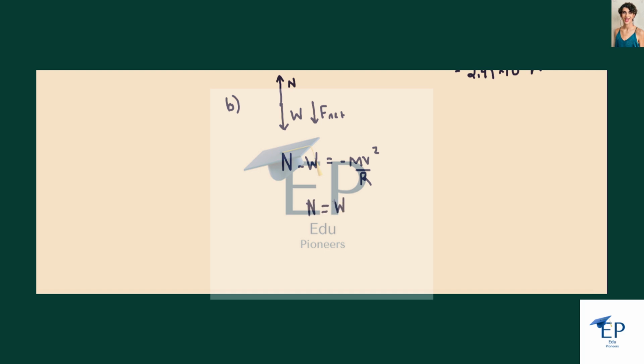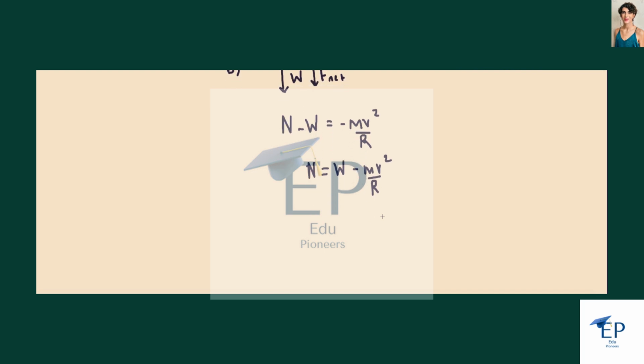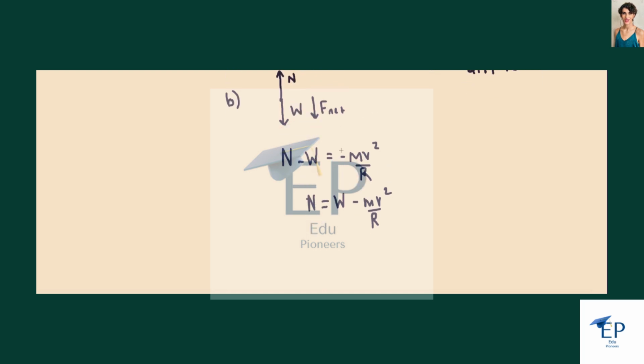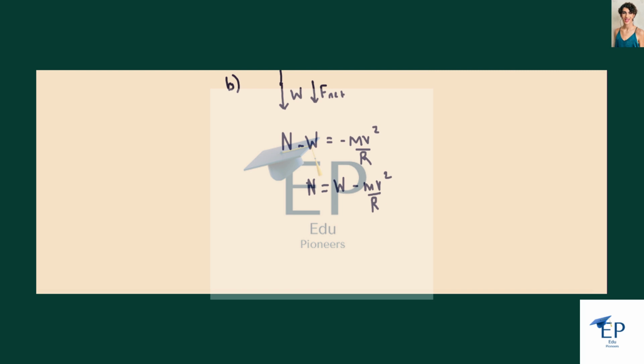The normal force is always going to be the weight minus mv squared over r. If you crank up v so much, then the normal force would have to point in the negative direction, which again is impossible. So again, we'd want to set the normal force equal to 0.